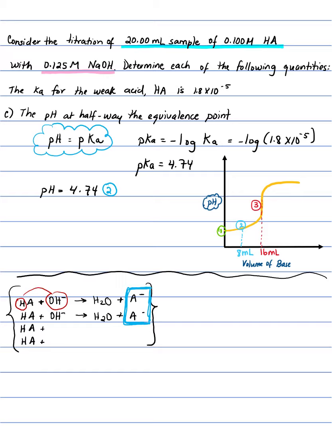And you have left, out of your total number of moles of 4, you're neutralizing 2 of them, so you have 2 of them left. So the number of moles that you have in your flask at this point for the conjugate base and the acid is the same amount.